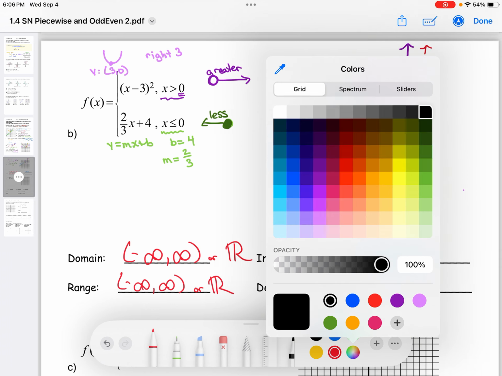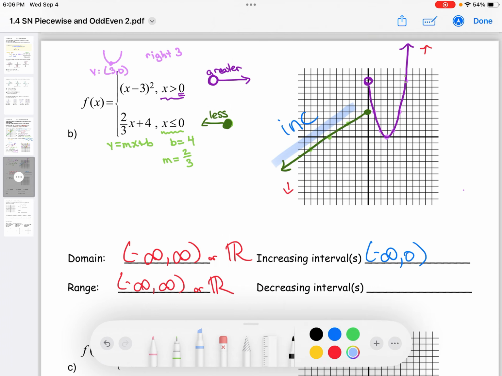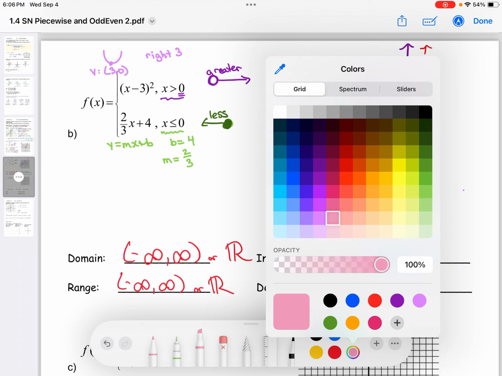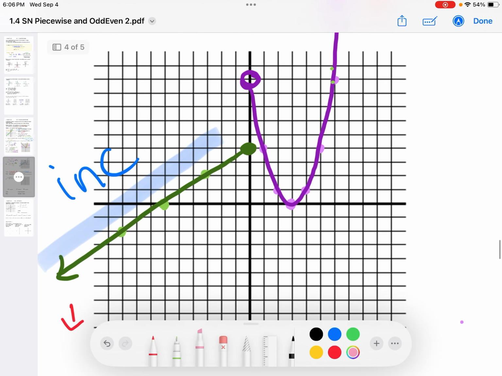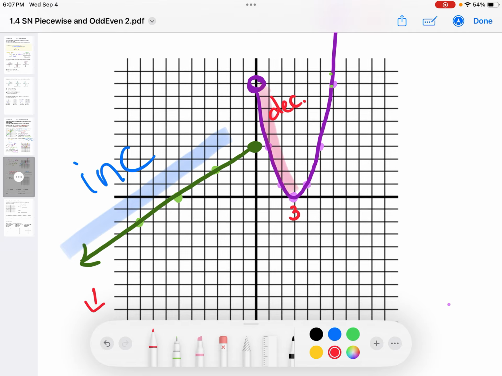Then, when we start the function over again on the quadratic piece, it's going down. This piece of the graph is a decrease. That domain is from the 0, where we started over, to the vertex, which is at x equaling 3.